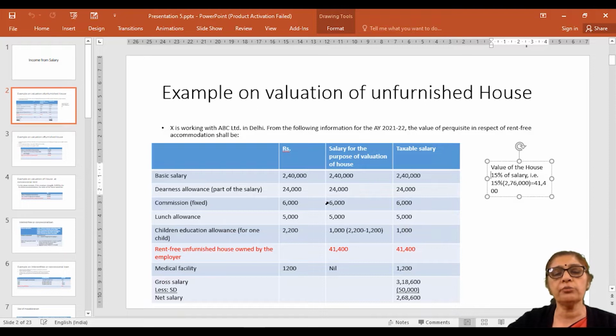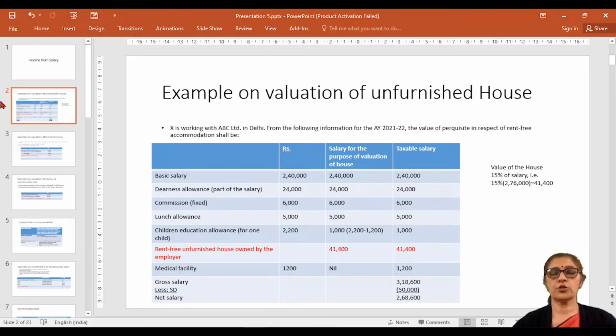So 2,40,000 plus 24,000 plus 6,000 plus 5,000 plus 1,000. So together this is 2,76,000. So this 2,76,000 is that salary which is considered for the purpose of valuation of the house. Of this 2,76,000, the house being in Delhi and owned by the employer, the value would be 15% of salary.